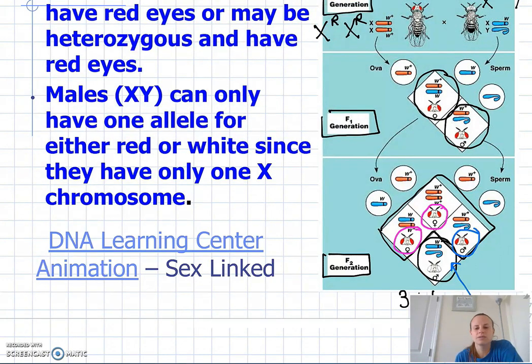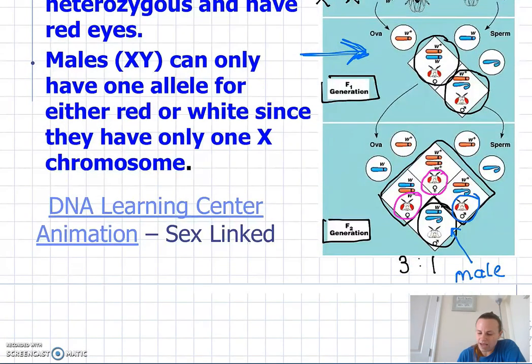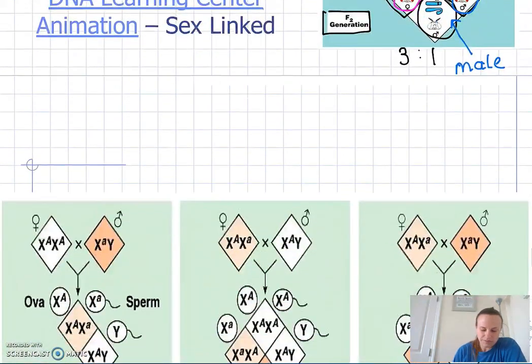So that's how Thomas Hunt Morgan knew that something besides dominance, which is shown here, was going on. Even though he still got the 3-to-1 ratio, it's just that the white eyes were only expressed in the male. So that's how he knew something was going on.